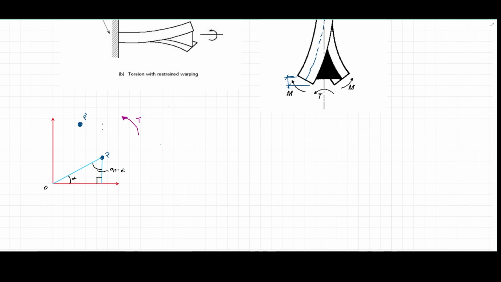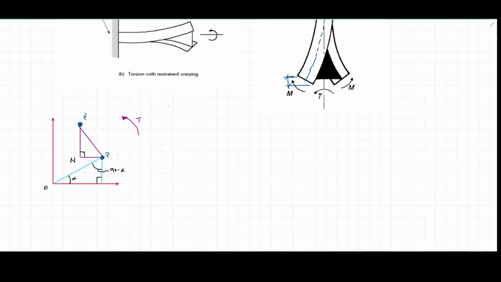Then I'm going to use another color. For example, I'm going to form another triangle, with a vertical from this point and a horizontal from here to here, and I'm going to call this one point N. I know that this is 90 degrees.